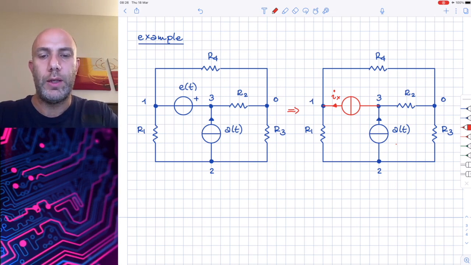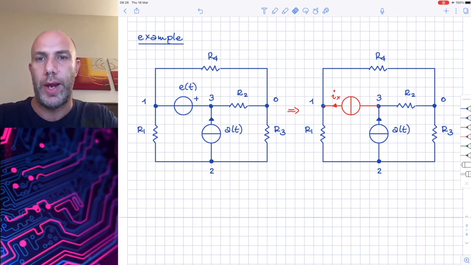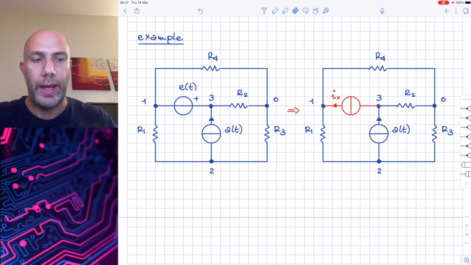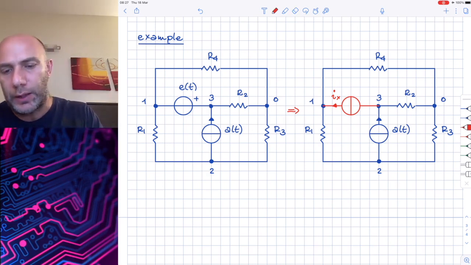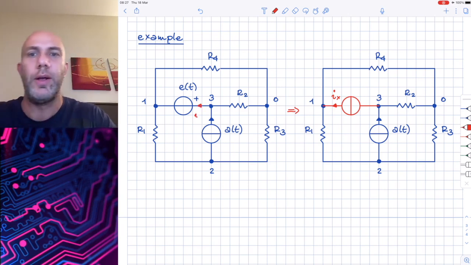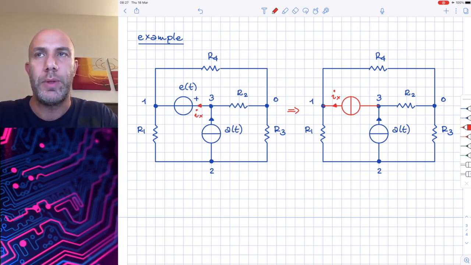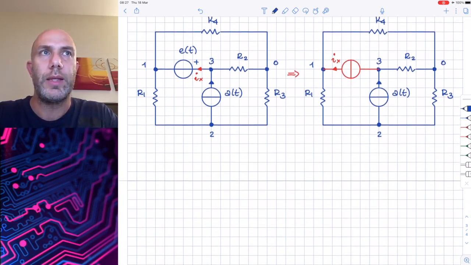Note that with this substitution, we are not saying that the current generator has the same behavior of a voltage generator in general. We are saying that if we connect a current generator that is supplying exactly the same current of the original voltage generator, and at its terminals we have a voltage that is exactly the electromotive force of the voltage generator, the behavior for the rest of the circuit is exactly the same.